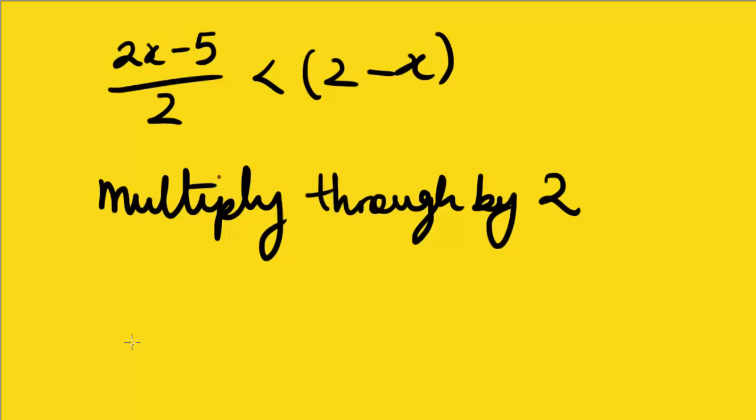Whether it's a less than sign, greater than sign, less than or equal to sign, greater than or equal to sign, or an equal to sign, once you do the same thing to the left hand side and right hand side of an inequality or equality, you maintain the inequality or equality, except for the case where you're multiplying through by a negative number.